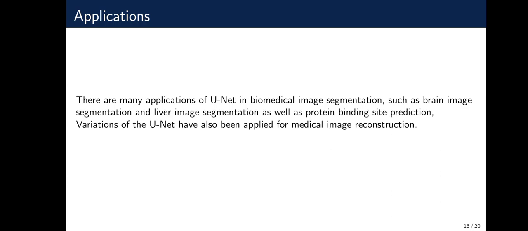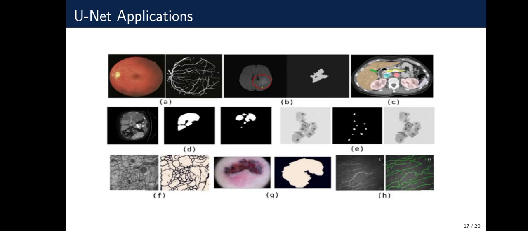In order to identify all such things, the base U-Net and the different variants of U-Net are used. Here are some U-Net applications; corneal, placental, and femur images are shown here.